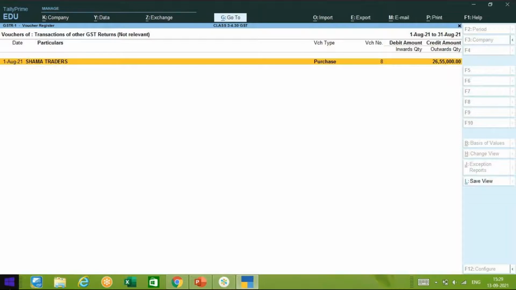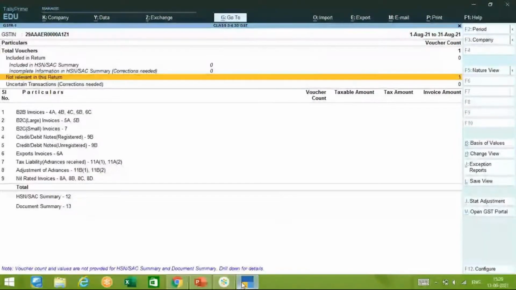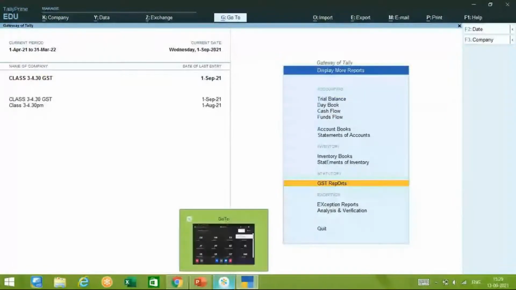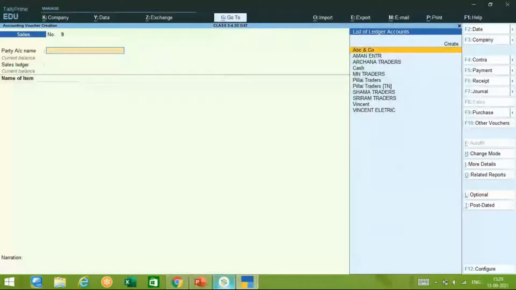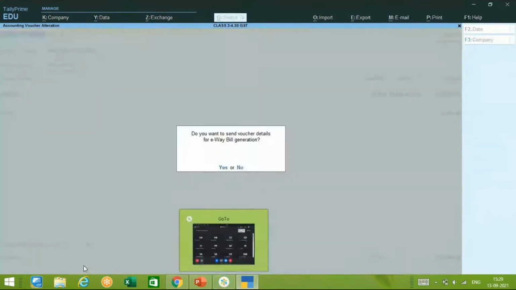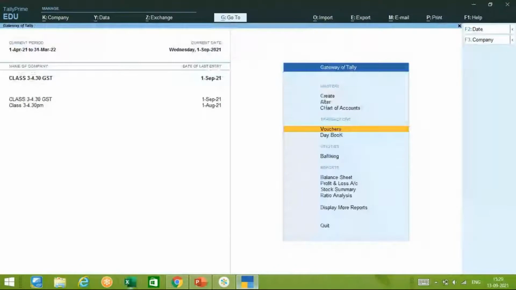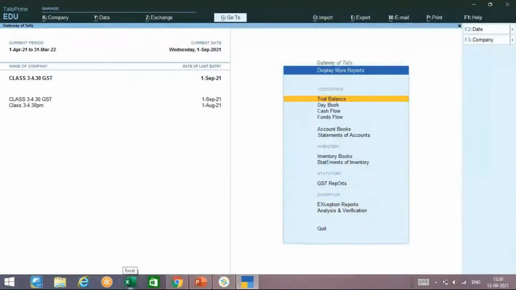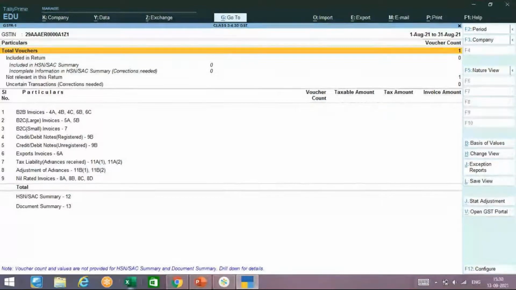Why is this? I'll change the period. See, it's from August 1st to August 31st.